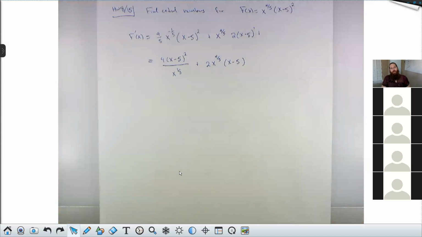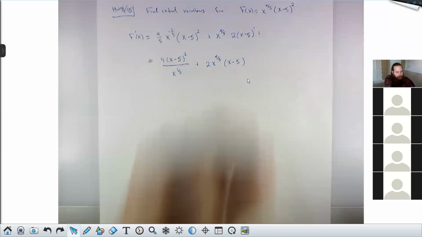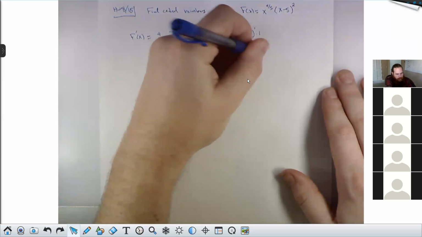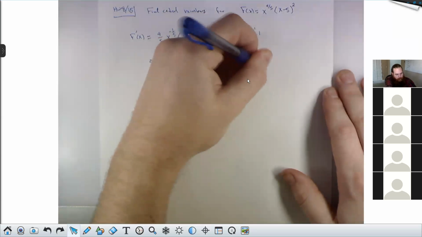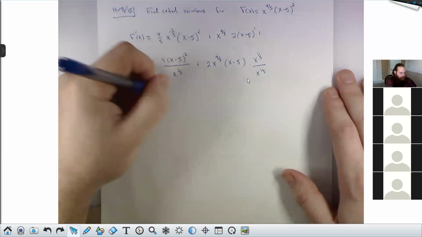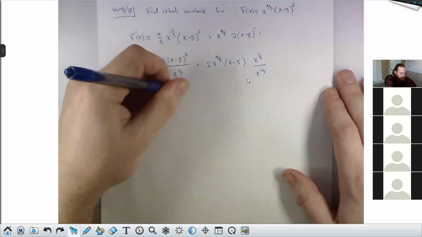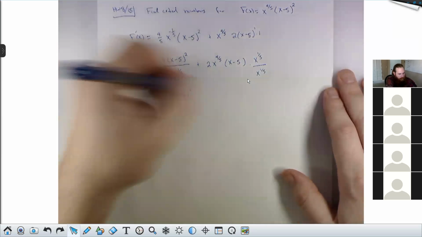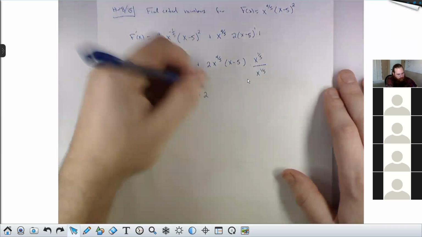And in order to do that, I need to write it as a single fraction and then set the top to 0. So I need to have a common denominator. The denominator in this piece is 1. The denominator in this piece is x to the 1/5. So I need to multiply this guy by x to the 1/5 over x to the 1/5. So I'll have 4 times (x minus 5) squared plus 2.